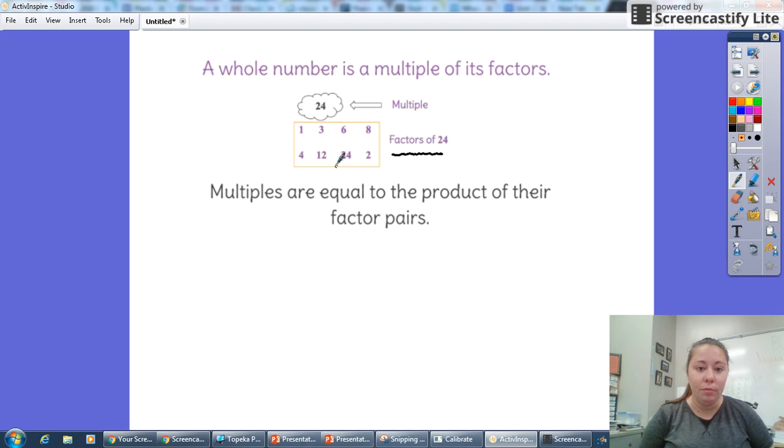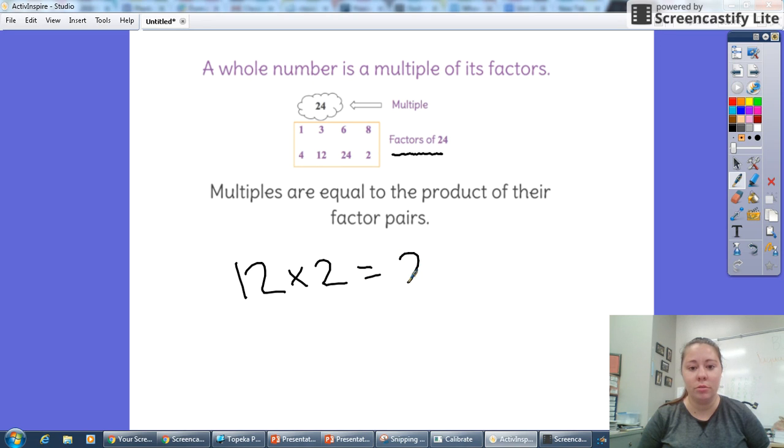So for example, I know that 12 times 2 equals 24. 12 and 2 are the factors, and 24 is the multiple.